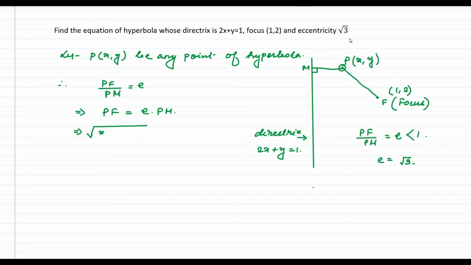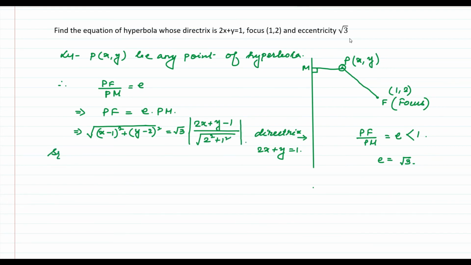It's the square root of (x minus 1) whole square plus (y minus 2) whole square, equals the value of E, root 3, and PM, the perpendicular distance, which is (2x plus y minus 1) divided by the square root of 2 square plus 1 square.